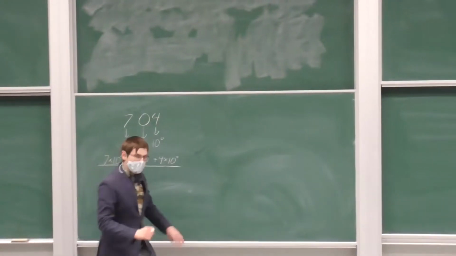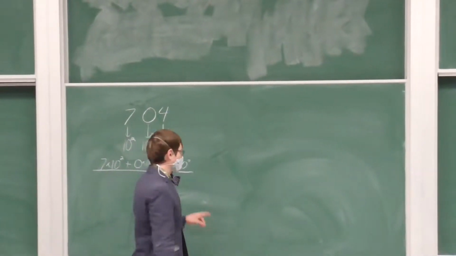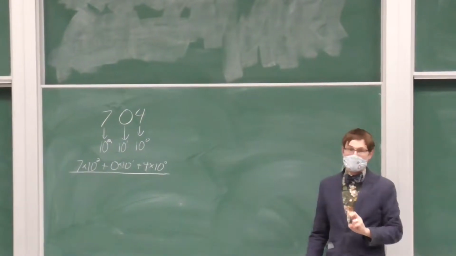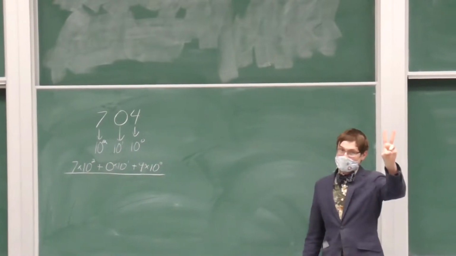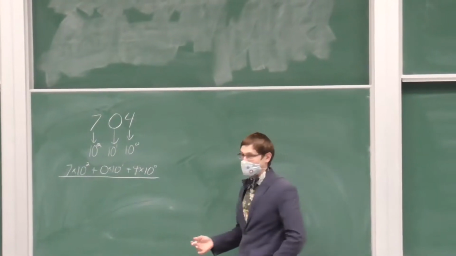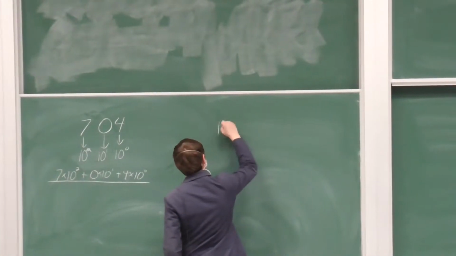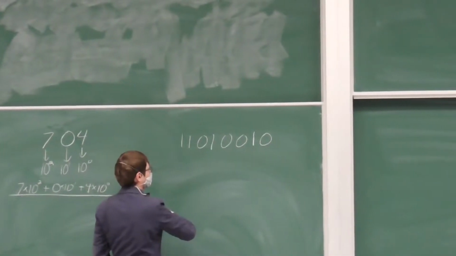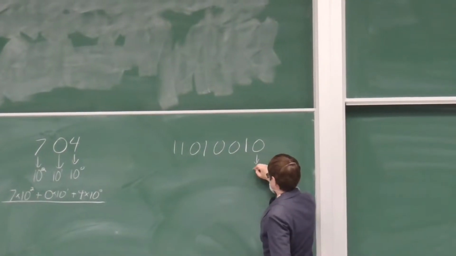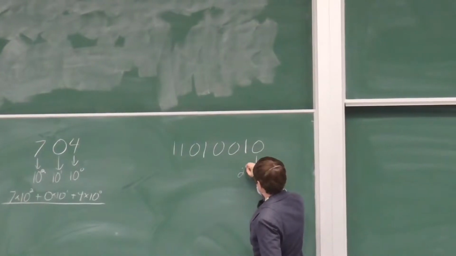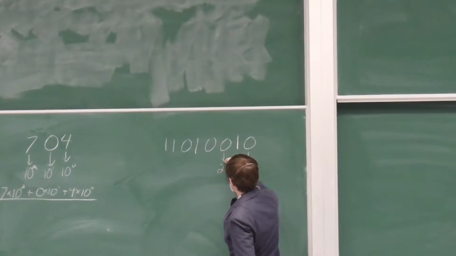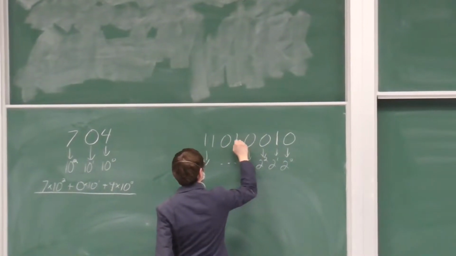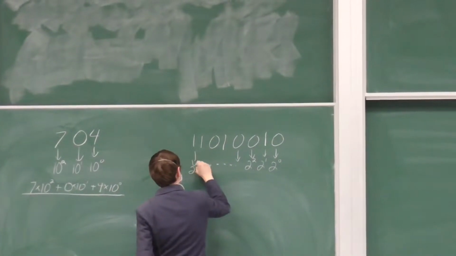So in the binary system, it works the same way as this, except you only have 2 digits available to you. You have 1 and you have 0, right? So if I have a binary number, like for example, 1101010, this digit gets associated with 2 to the power of 0, 2 to the power of 1, 2 to the power of 2, etc., all the way up to 2 to the power of 7.